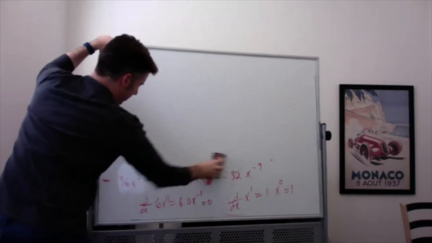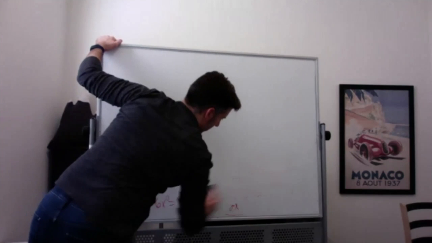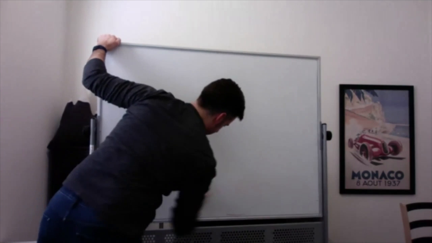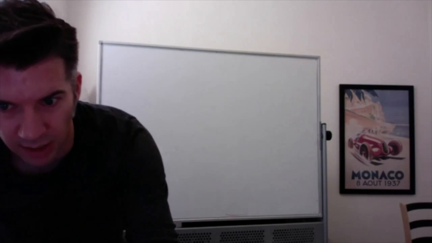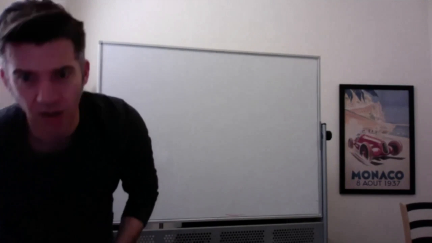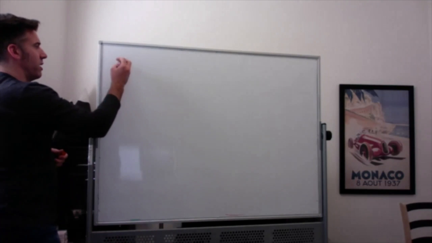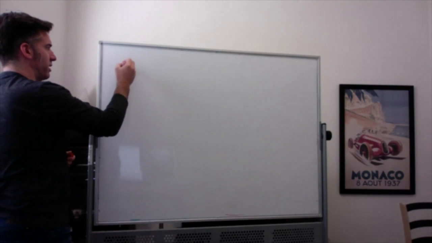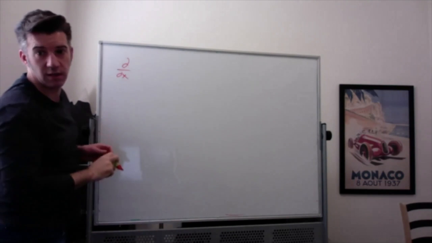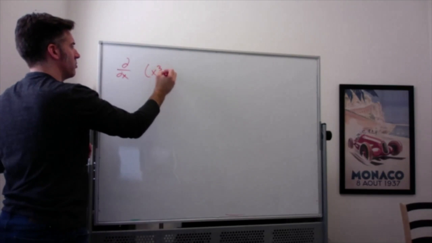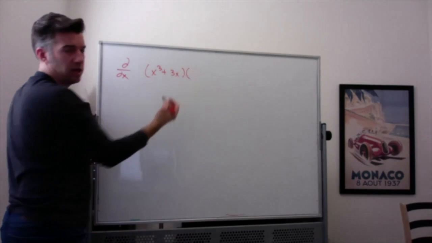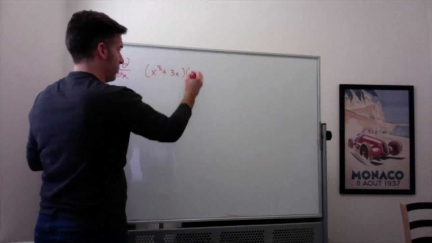So I guess I should ask, actually, let me do one more problem before I ask. Sometimes we have things that look kind of messy, like the following. For example, you might be trying to take the derivative of something like x cubed plus 3x times x to the fourth plus 2.